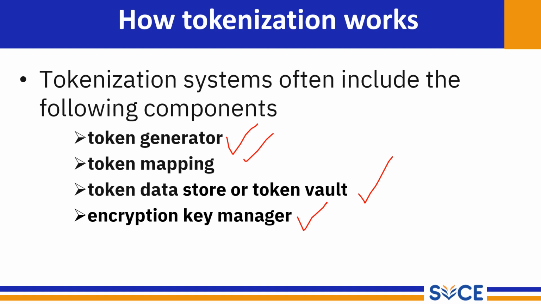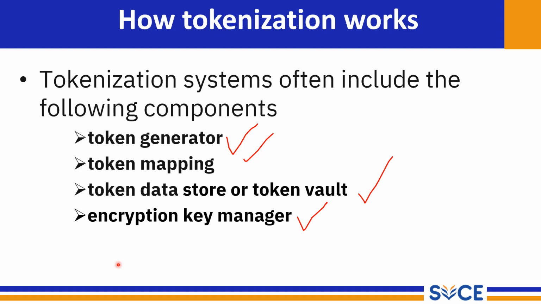These can include a mathematically reversible cryptographic function that uses powerful encryption algorithms and can be reversed with an associated encryption key. The second is a one-way or non-reversible cryptographic function such as a hash function. The third is a random number generator to create random tokens, which is often considered one of the strongest techniques for generating token values.